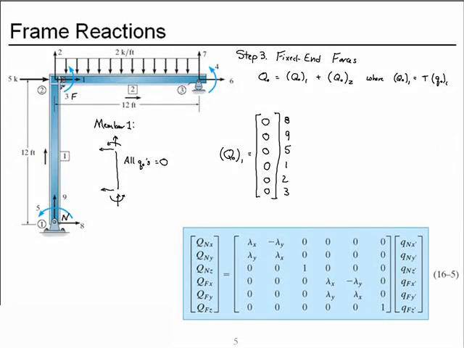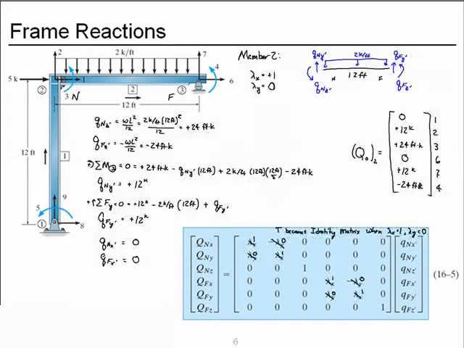We also needed fixed end forces for the structure in global coordinates. And so we started with member 1 and then member 2. We observed that we calculate the fixed end forces initially for the member in local coordinates, and then we use the transformation matrix to transform those to global coordinates.